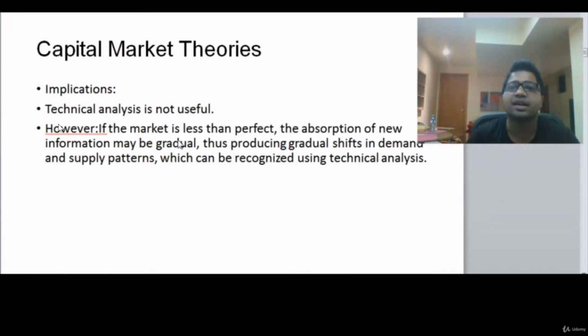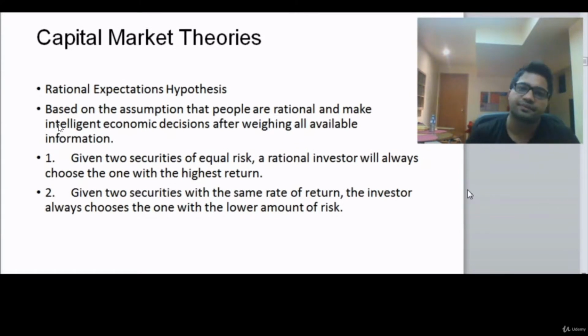However, if the market is less than perfect, the absorption of new information may be gradual, thus producing a gradual shift in demand and supply patterns which can be recognized using technicals. The last theory is rational expectation theory.